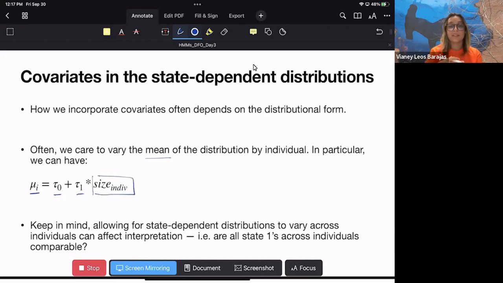So maybe we expect that larger individuals will be able to travel longer distances in 5 minutes than if a smaller individual was also traveling, they might simply not cover as much distance. So fundamentally, it's the same behavior, but the distributions of the movement patterns that correspond to that behavior vary across individuals. So incorporating these covariates in the state-dependent distributions accounts for that factor.